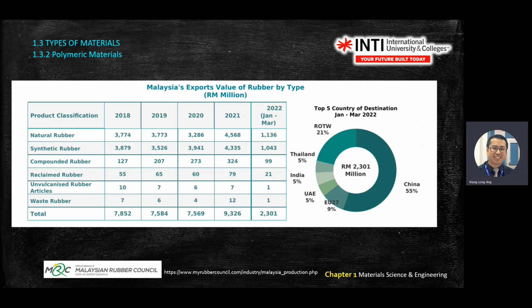So where do we export? Most of it goes to China. We export a lot to China. That's why our political relationship with China is very close. UAE and Thailand also. ROTW means rest of the world.